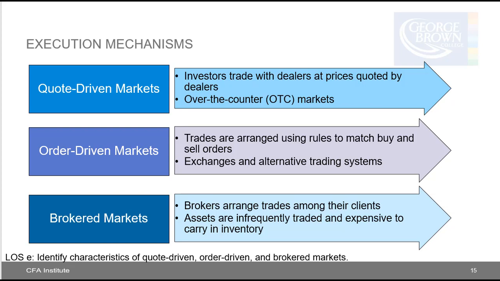Examples of such assets include very large blocks of shares and real estate, okay? The example that I gave before. Because dealers generally are unable or unwilling to hold these assets in their inventories, they will not make markets in them. That is, they will not stand ready to buy or sell these assets if nobody else does. So organizing order-driven markets for these assets does not make sense because too few traders will submit orders to them.